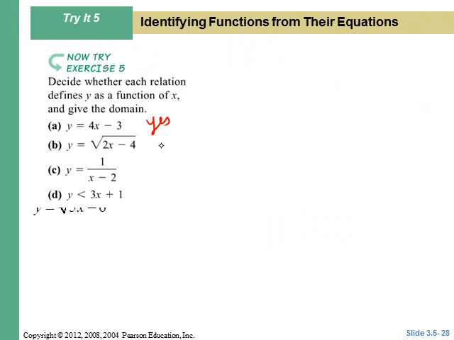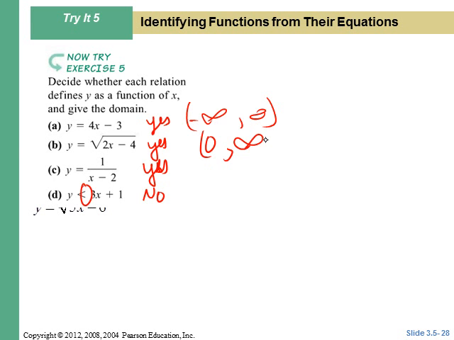Okay, so it is a function, it is a function, it is a function, it is not a function, and that's because of the less than symbol. Give the domain from negative infinity to positive infinity here. Greater than 0 because it's an even square root.